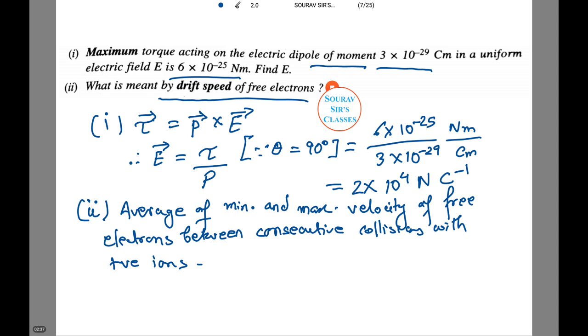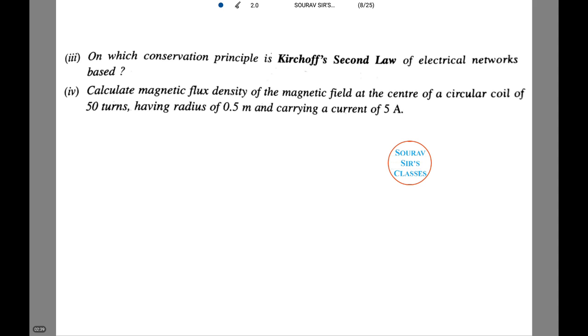Let's see another question. Next, we are asked: on which conservation principle is Kirchhoff's second law of electrical networks based?